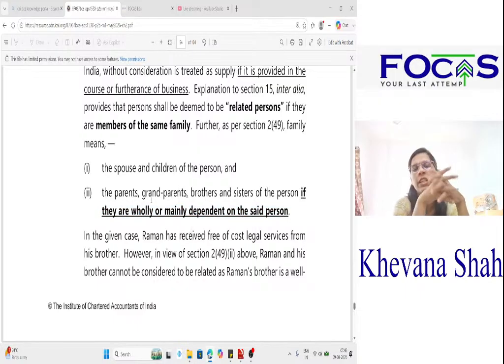Okay, so in this case what we are given is that Raman is taking this consultation services, legal consultation services from his brother. Now, we are not given that his brother is wholly dependent on him. So, here this will not be a related person.